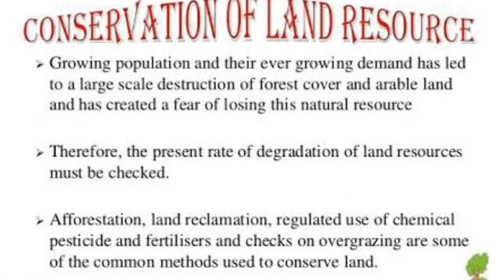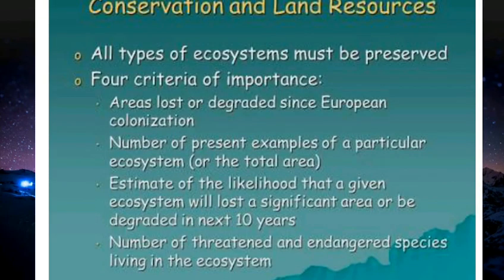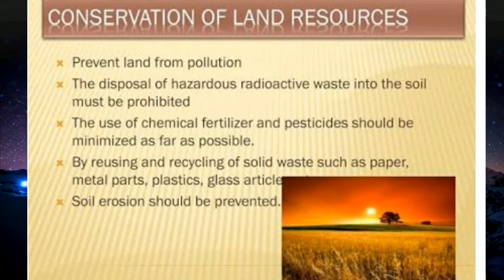The second way is proper management of grazing and wasteland, meaning we have to manage the pasture areas for grazing of animals. The third way to conserve our land resources is to regulate the use of chemical pesticides and fertilizers. In that way, we can conserve soil fertility.